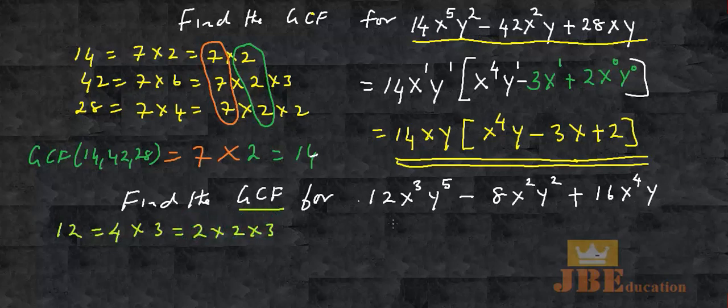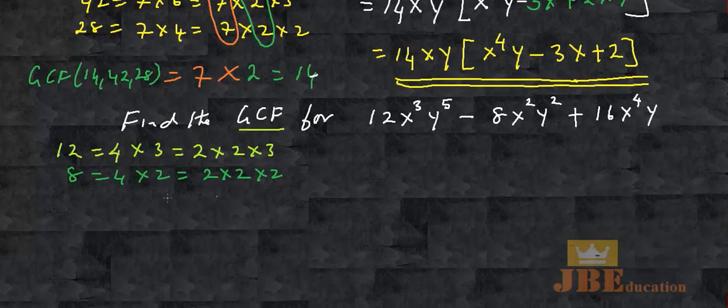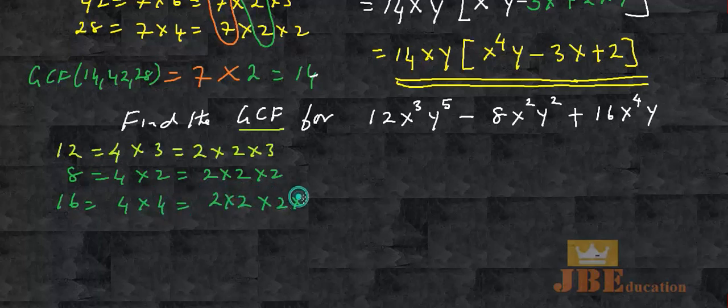And next number is going to be 8. 8 is 4 times 2, which can be rewritten as 2 times 2 times 2. And 16. 16 is 4 times 4, which is going to be 2 times 2 times 2 times 2.